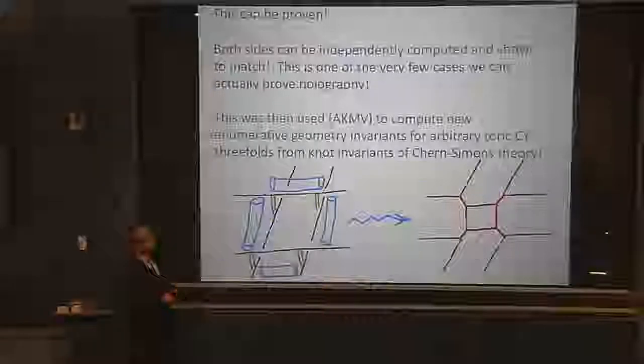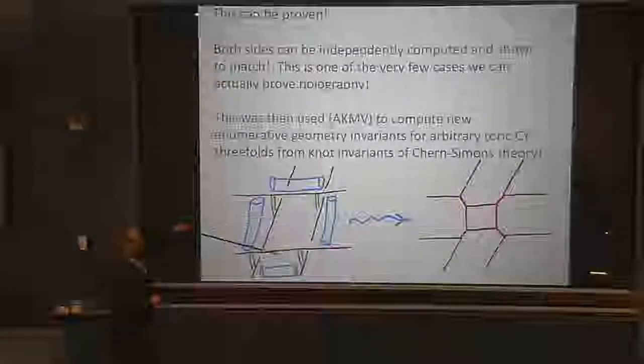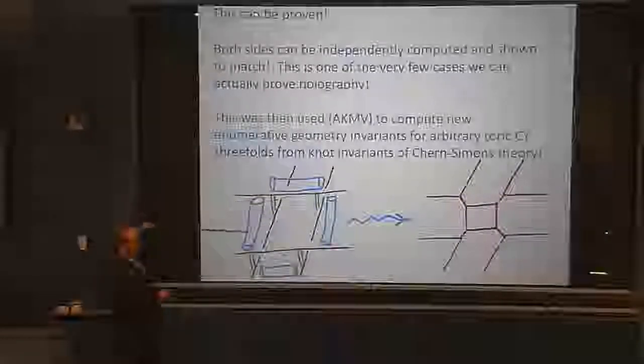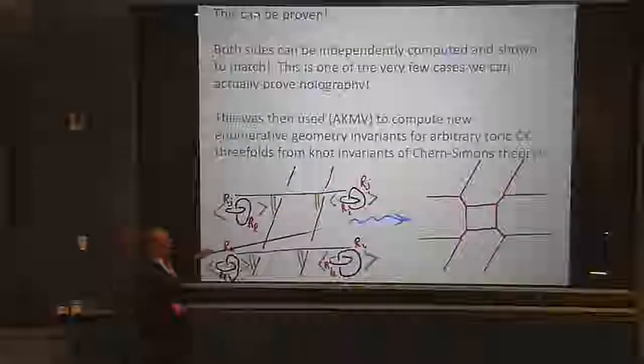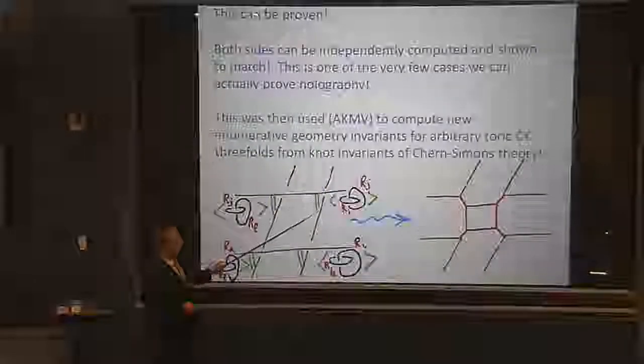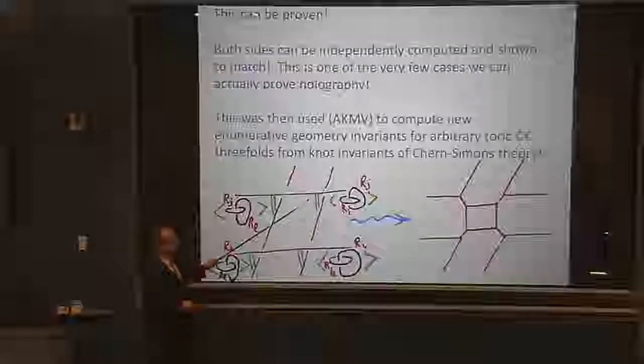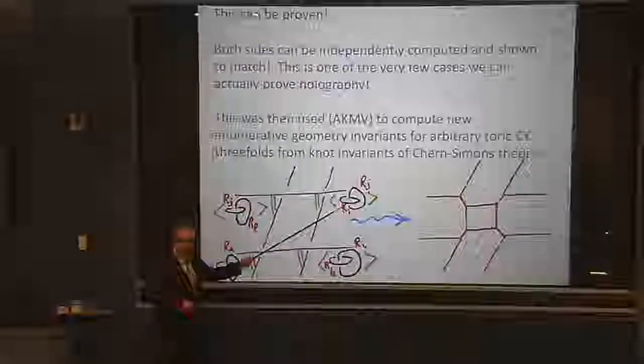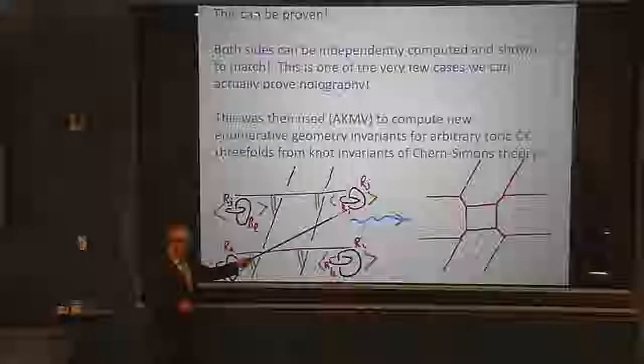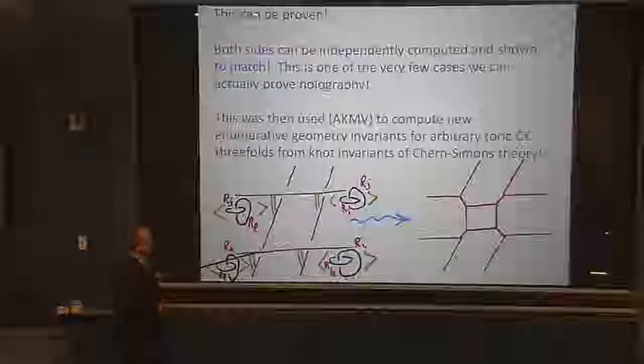And the basic link is that there are these tubes which end on these different Lagrangian branes. And if you want to compute it, you notice that when these tubes end, you end up getting the Hopf link. So you compute the Chern-Simons invariant for the Hopf link for each of these four corners.